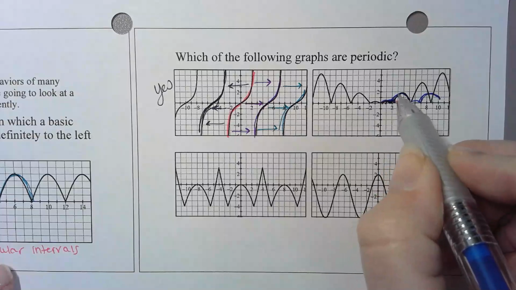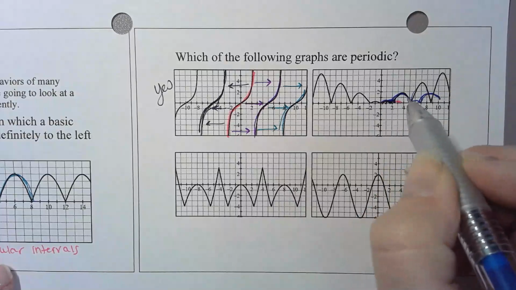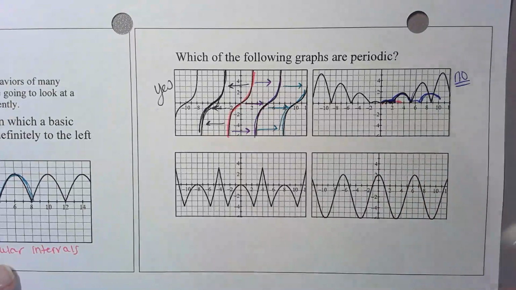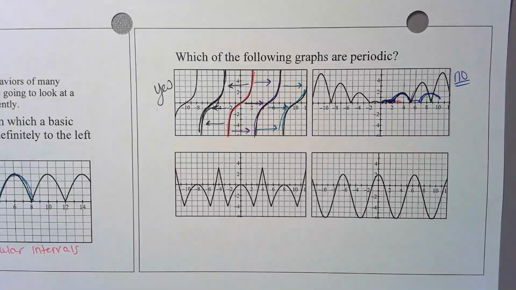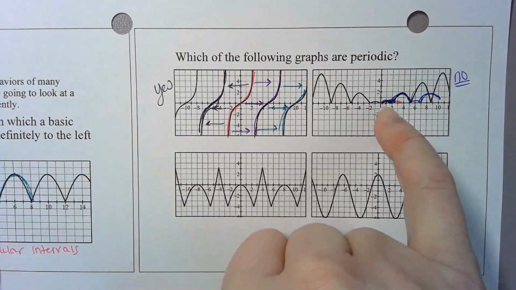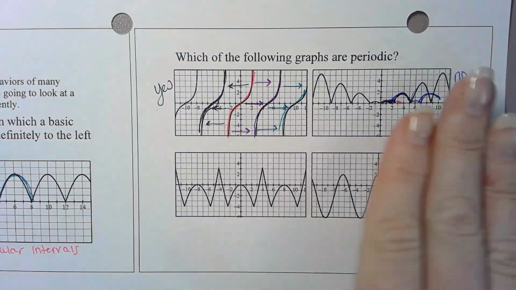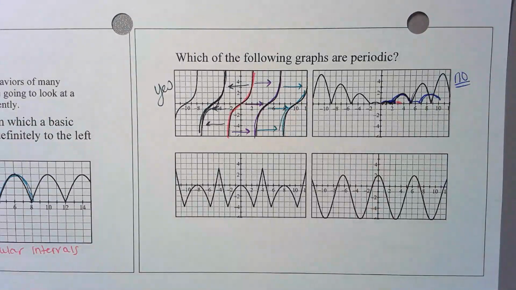So while you see almost the same shape, it's growing, right? And the y values are changing. So we want to be very careful with how we define a periodic function. And when I say the y values repeat, that's really important because here the y values are actually getting bigger as we go. So while it's symmetric, it is not periodic. Okay, it's growing over time.